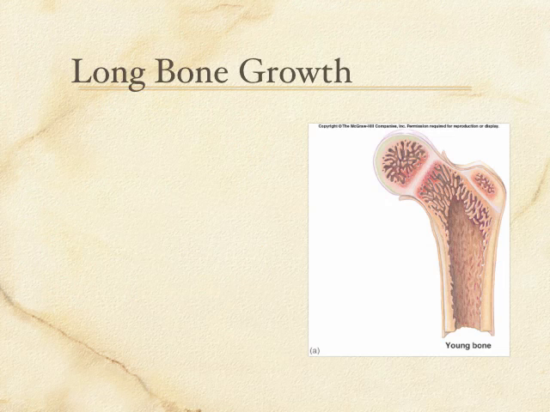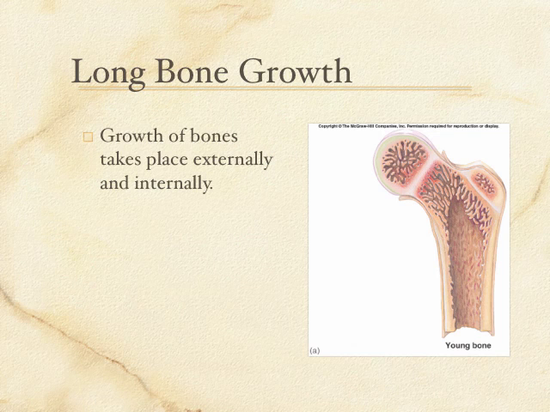We know that if you're going to have more bone, osteoblasts are going to come along and add layers of bone to what is already there. The growth of bone is going to take place both externally and internally.